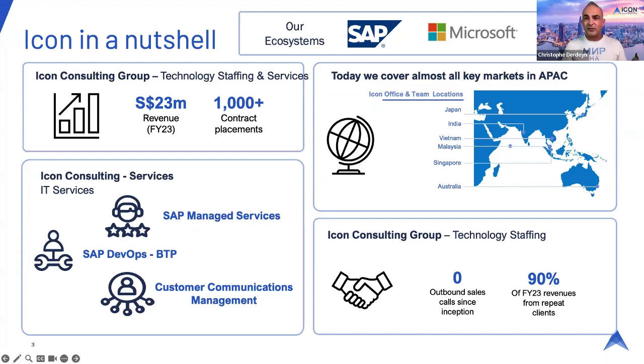We have a foot on the ground, with about 15 people there, focusing on SAP managed services, SAP DevOps around the BTP platform, and some customer communications management and output management. The last dimension of what we do in Icon is a technology platform for staffing, which helps create a better match between the people in our network and the project requirements we need to staff. That's Icon in a nutshell.